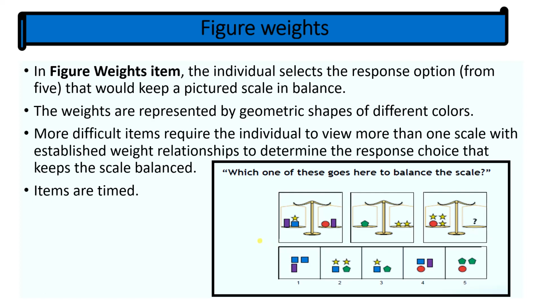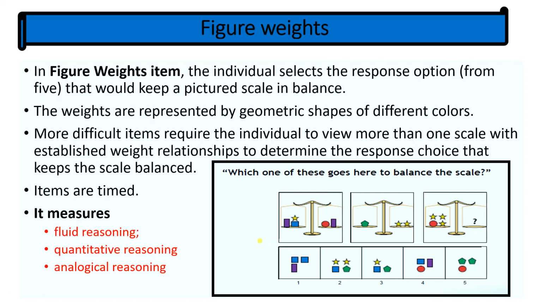There is no score if one crosses the given time limit. And it measures fluid reasoning, quantitative reasoning, and analogical reasoning, because we have to draw analogy between different shapes and colors.